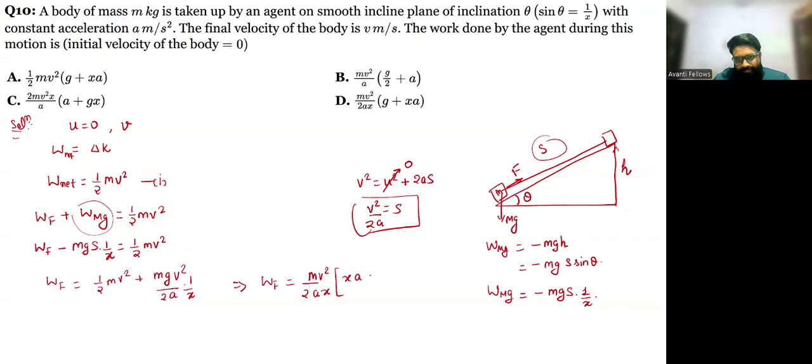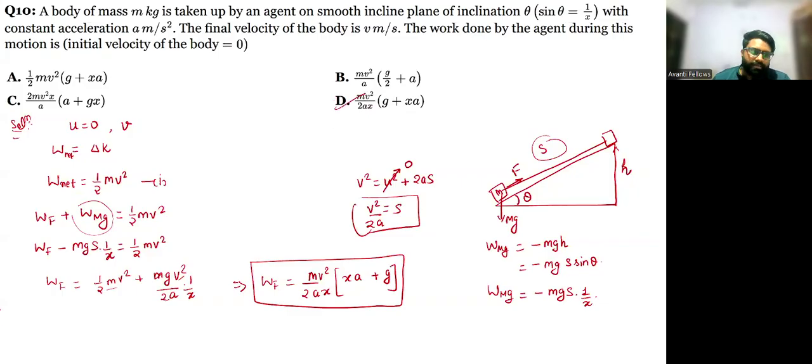If you multiply that, it becomes 1 by 2 mv square, because ax is not present in the first expression, so we have divided it here, so we have to multiply it here. Plus, we have taken mv square upon 2ax as common, only g is remaining, so you mention g. So this is the work done by this agent, and it is given by mv square upon 2ax times (g plus x). Option D is the correct one. Now move on to the next.